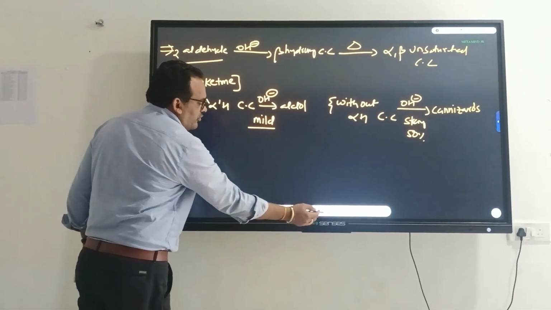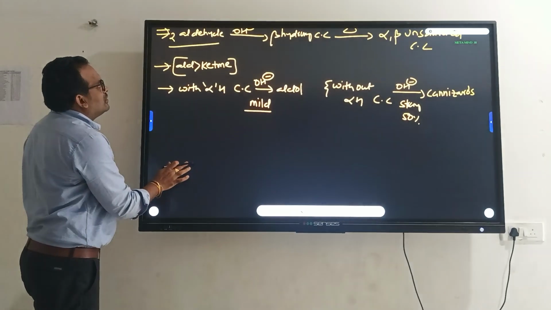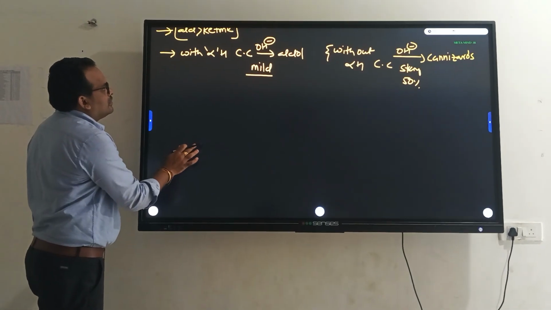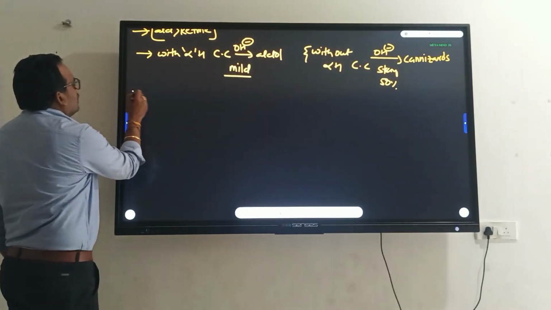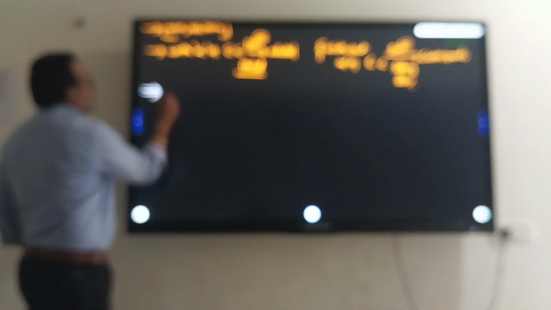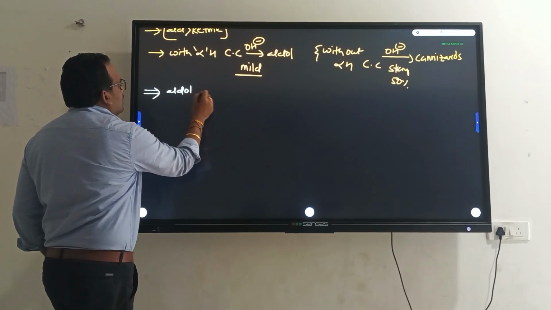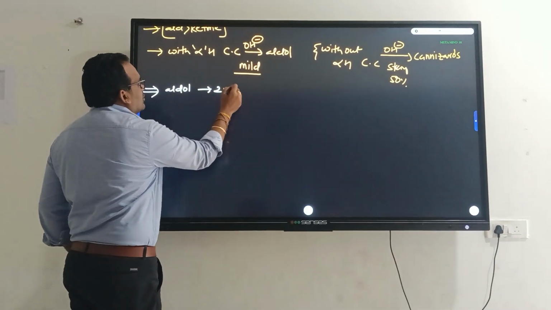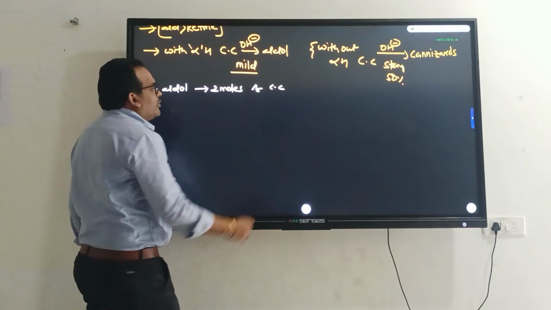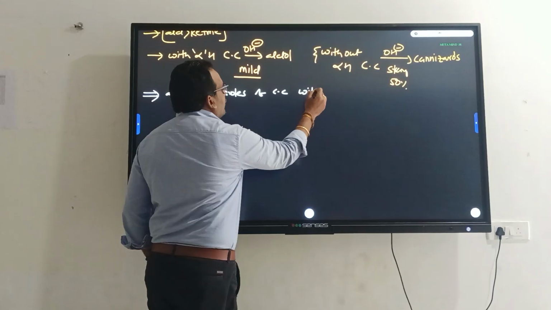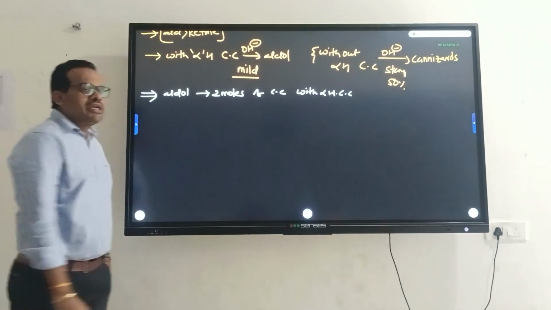Now, what are the steps in the Aldol condensation? What is the first step? For Aldol, 2 moles of carbonyl compound are required. Which carbonyl compound? Carbonyl compound with alpha hydrogen, either aldehyde or ketone.